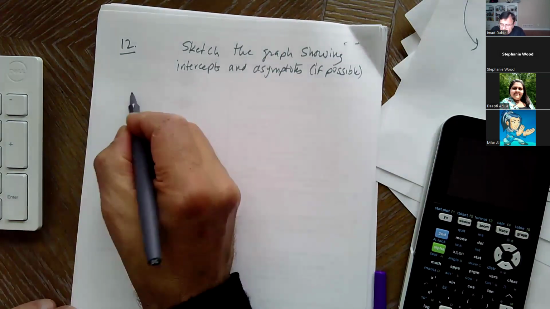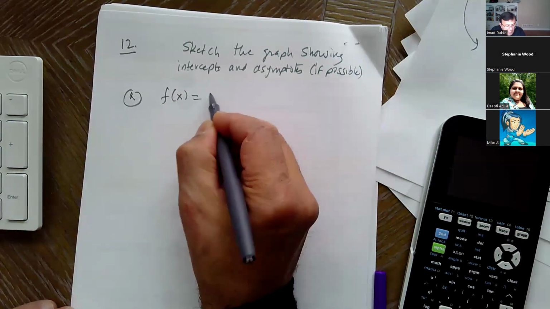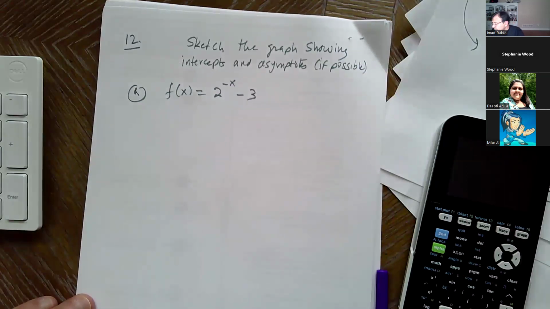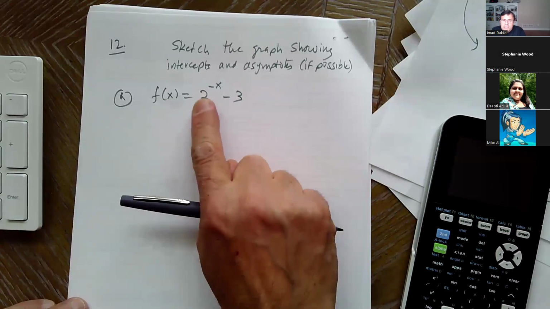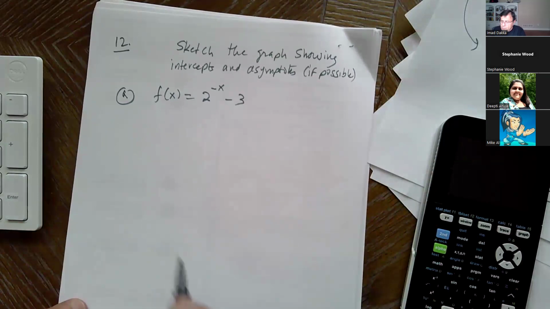The first graph is f of x. It's an exponential graph, 2 to the negative x minus 3. Remember, with exponential functions, there's 2 basic graphs.